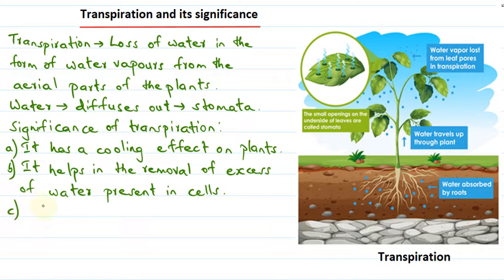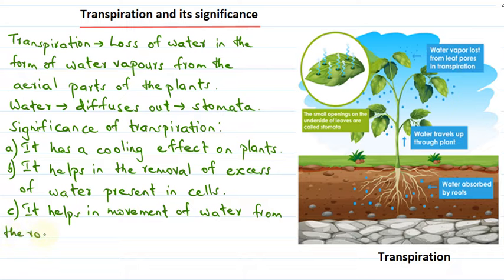Then the third significance is, it helps in movement of water from the roots to the upper parts of the plant. Correct? We had discussed that water is moving from the roots to the upper parts.